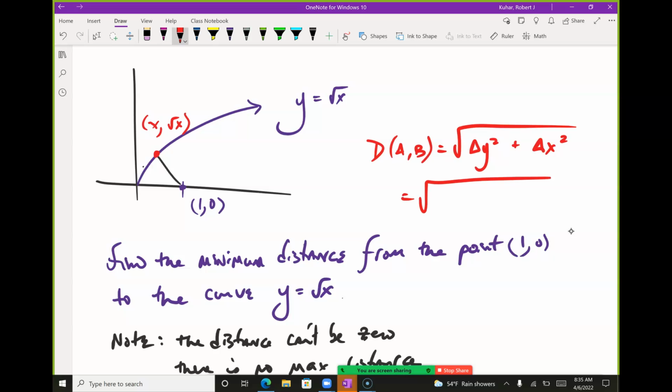So y2 minus y1 quantity squared plus x2 minus x1 quantity squared. Of course, coming from the Pythagorean theorem, just to figure out a hypotenuse, right?